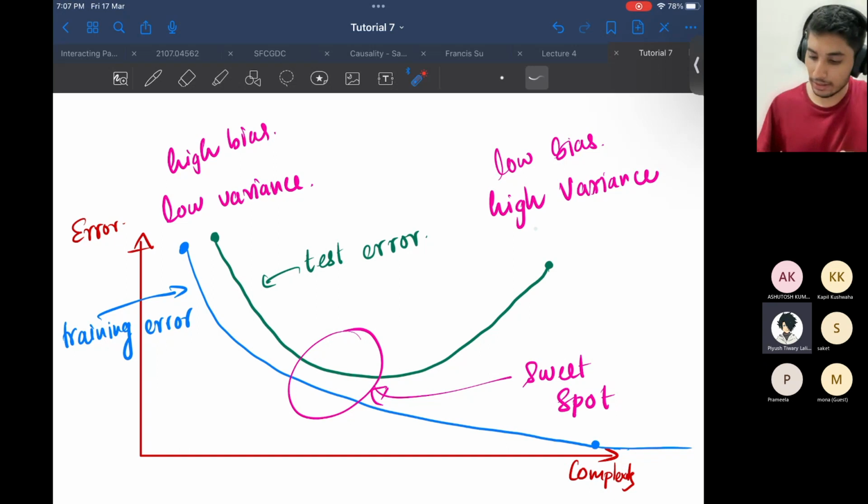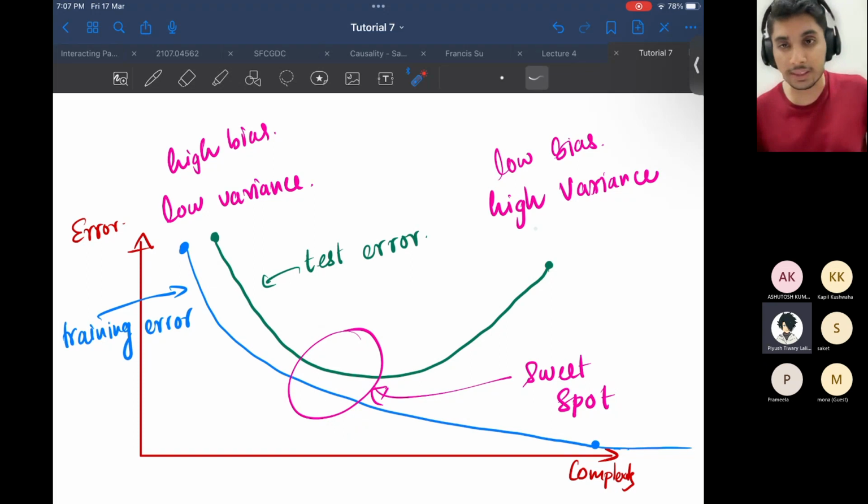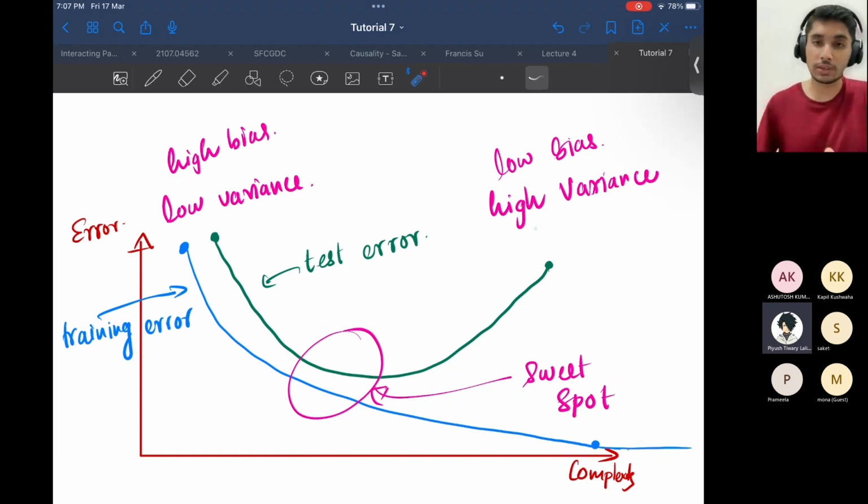What I actually want is, on unseen data, am I able to predict in a better way on test data or not? So this is the region that I want to come up to. I hope I have convinced you that this is the area I would like to be in.